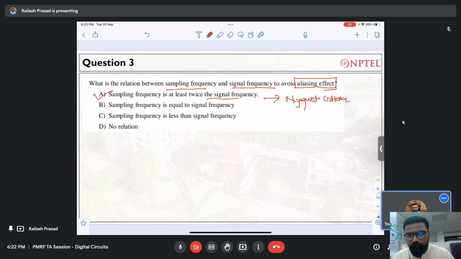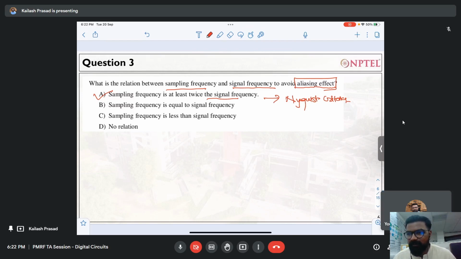What is meant by highest frequency of the input signal? You have a randomly varying signal, sir. Yes. So how do you define the highest frequency of the input signal if it is a randomly varying signal? If it is not a periodic signal, you cannot define frequency for a random signal.